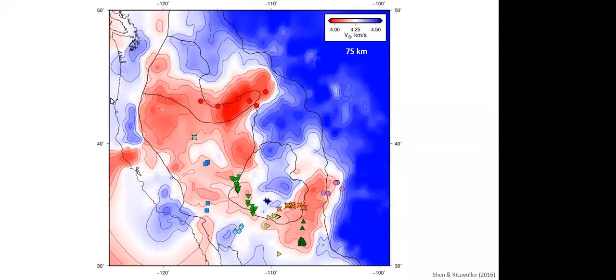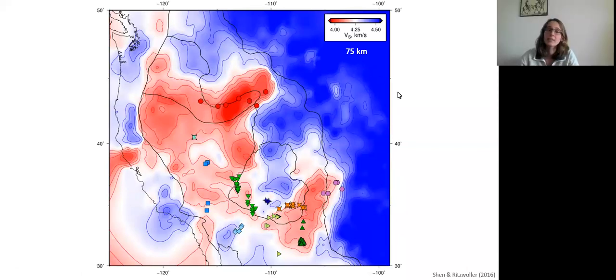This one. Okay, so that's just one example of a tomographic model that's come out of the USArray, and just to show the correlation between the slow shear wave velocities in red with my screened geochemical database, which are the symbols.